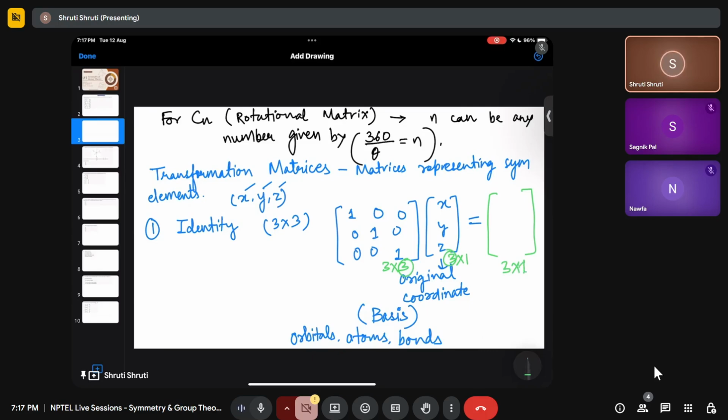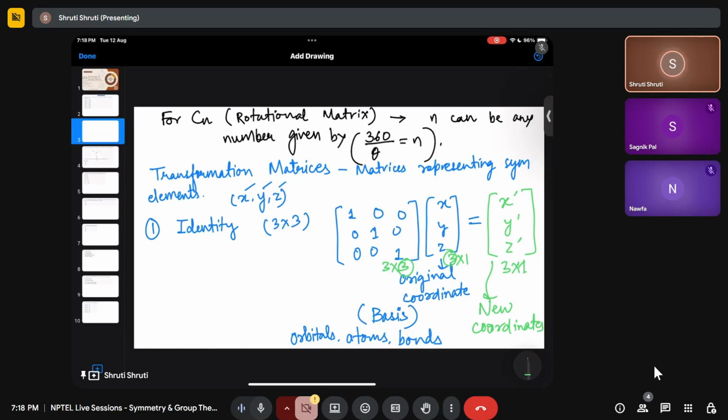It will be a column matrix with 3 rows and a single column. Suppose the answer is x dash, y dash, z dash. Dash means x prime, y prime, z prime, which are the new or transformed coordinates of your basis. The basis is xyz.